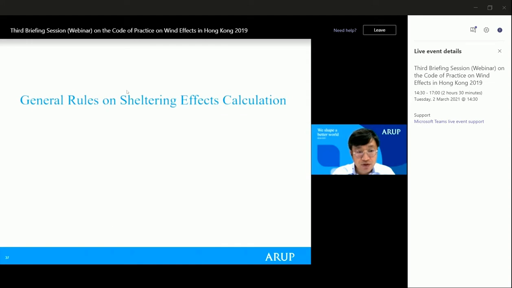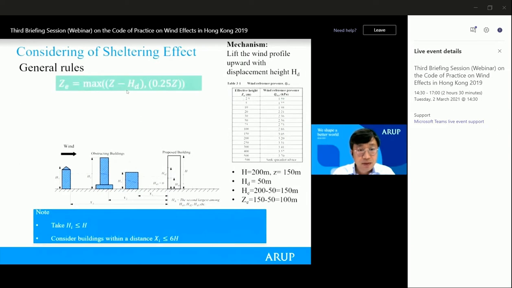So here, let's go through the general rule on sheltering effect calculation first. For the sheltering effect, as explained by Alexis, it can achieve some benefit in reduced reference wind pressure. For example, originally without any sheltering building, we evaluate the cladding reference wind pressure at 150 meters, and the pressure will be 3.05 kilopascal.